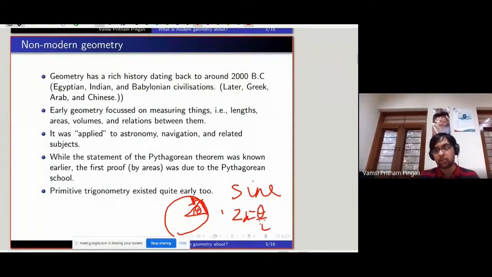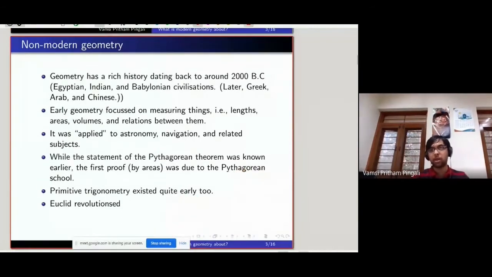In other words, sine theta by 2 is simply half of this chord. So sine is sometimes called a half chord, and the name sine comes from Latin, and it's just a perversion of Arabic and Sanskrit and so on. So basically the bottom line is these things existed quite early.